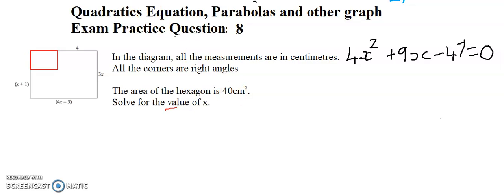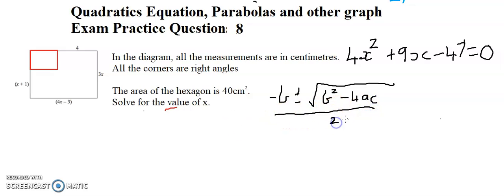So for us to solve this, I'm going to use the quadratic formula. So that means I've got negative b plus or minus the square root of b squared minus 4ac, divided by 2a. So let's substitute the values into the formula. We've got b is 9, so it will be negative 9 plus or minus the square root.